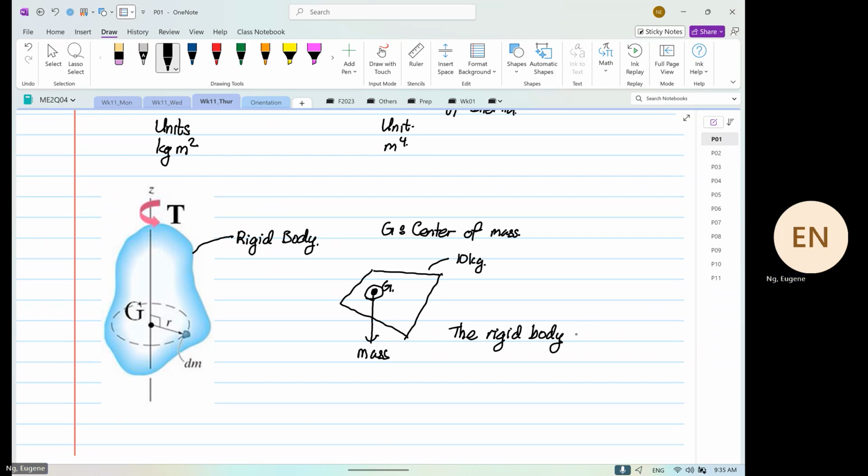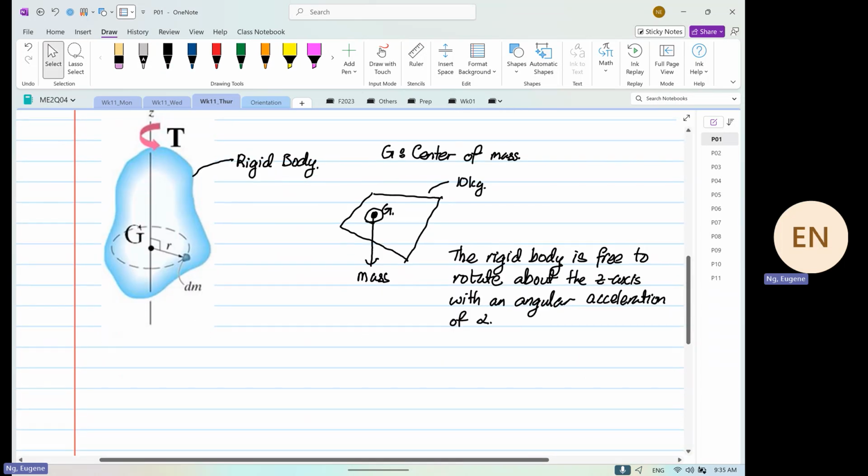So for this case, the rigid body is free to rotate about the z-axis with an angular acceleration of alpha.